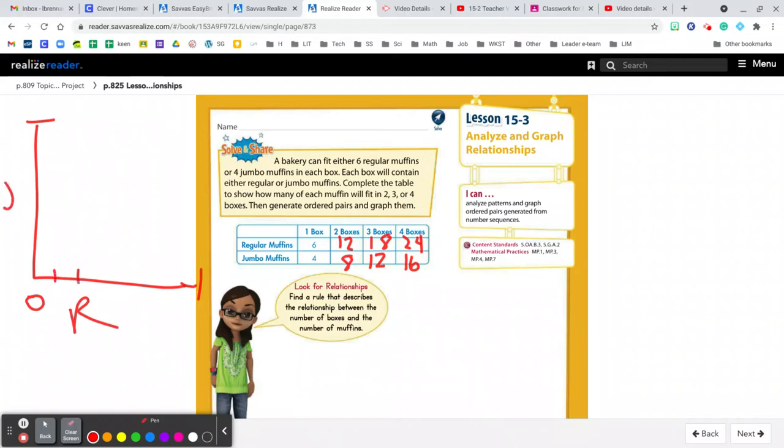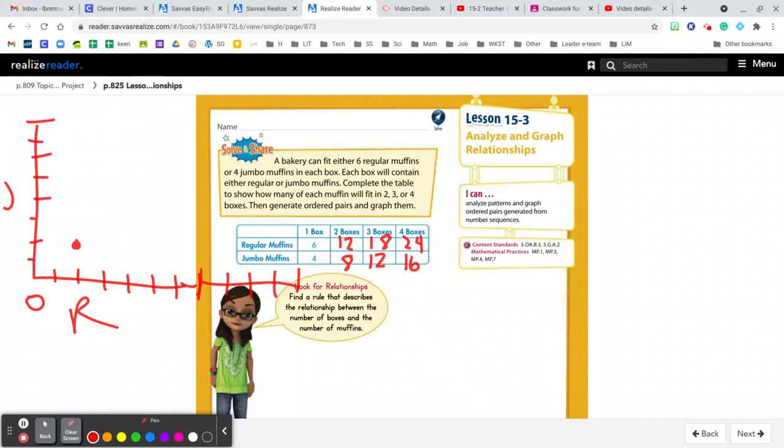And if I go 2, 4, 6, 8, 10, 12, 14, 16, 18, 20, 24, and 2, 4, 6, 8, 10, 12, 14, 16 for my jumbos. So my regular muffin would be at 6 and my jumbo muffin would be at 4.